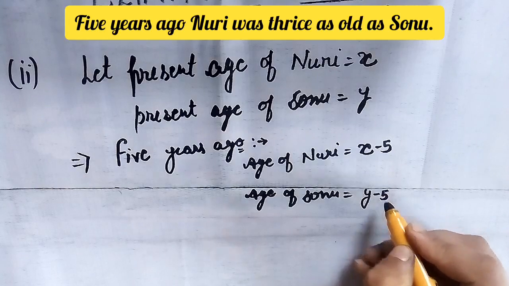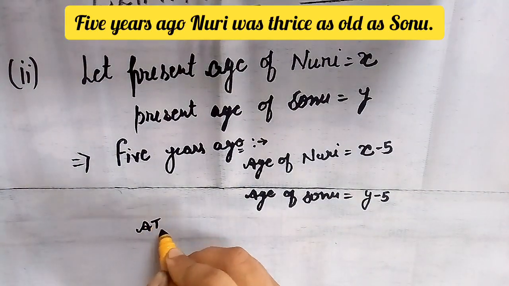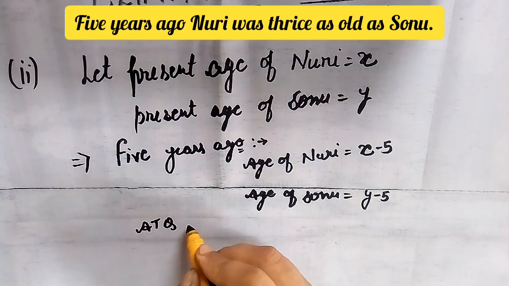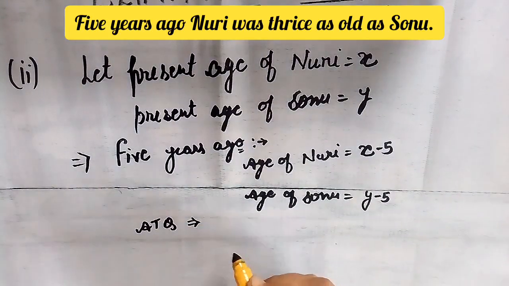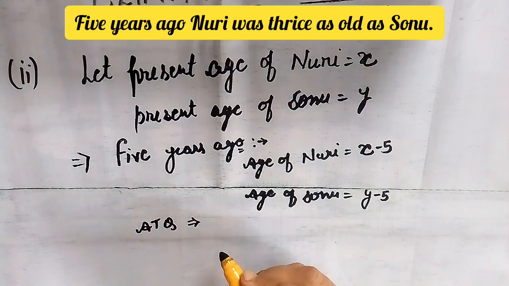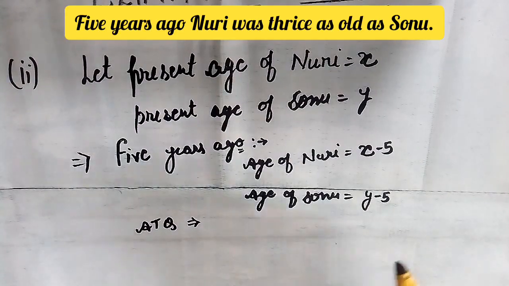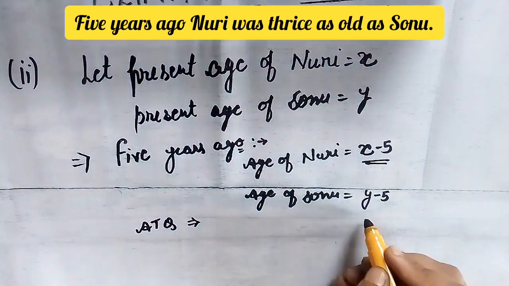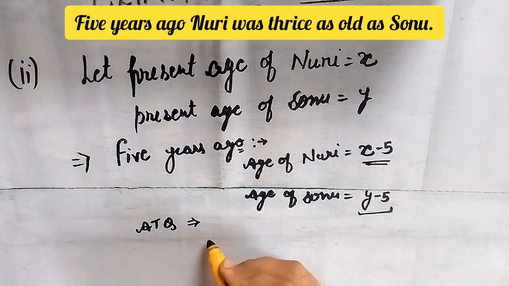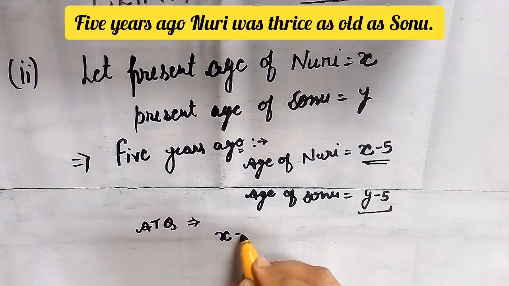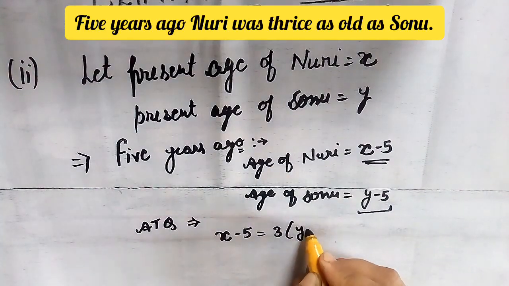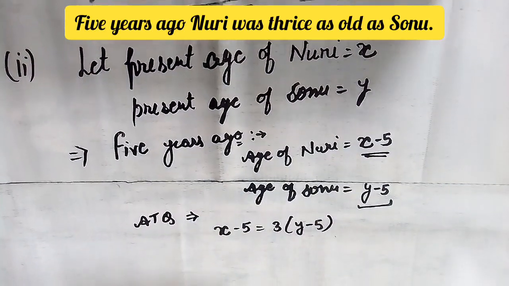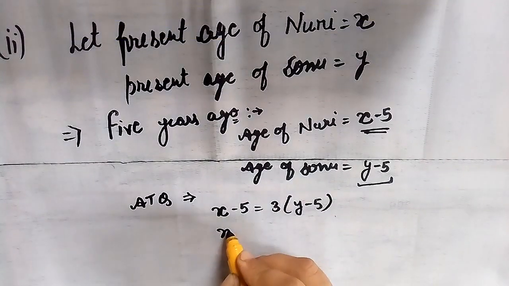And now remember the first statement of the question, that was the age of Nuri is 3 times the age of Sonu. So age of Nuri is x minus 5 and age of Sonu is y minus 5.